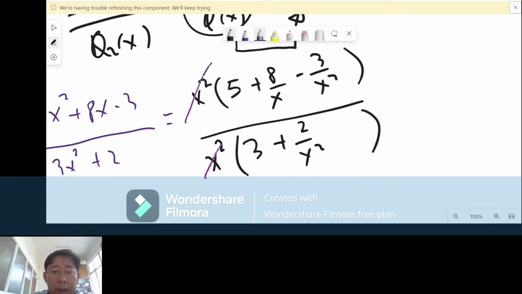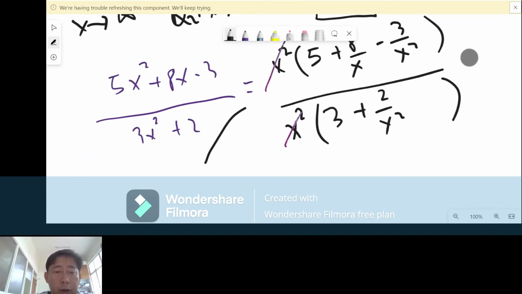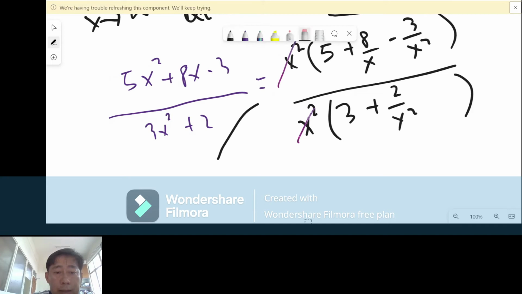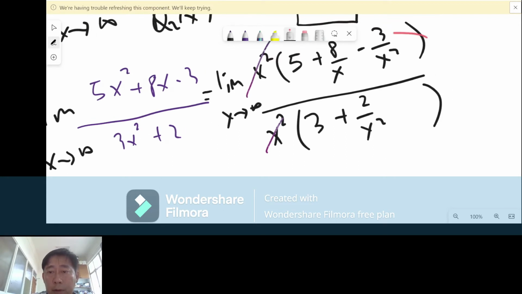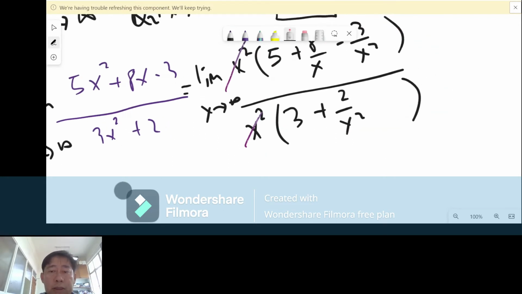So now it is quite straightforward to calculate the limit of the function. The limit of this function when x tends toward positive infinity is the same as the limit of this expression when x tends towards positive infinity.